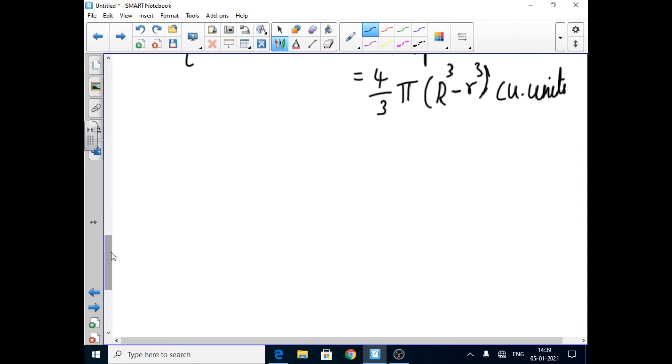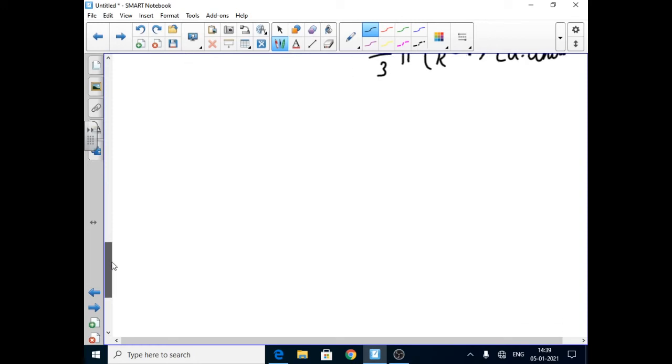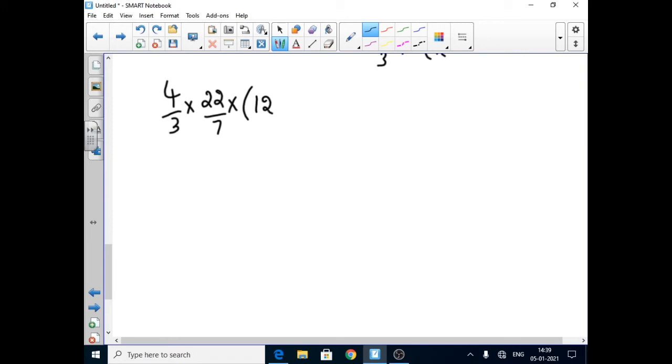So 4 by 3 into the pi value 22 by 7 into the R value, capital R is 12. So 12 cube minus small r is 9, so 9 cube.